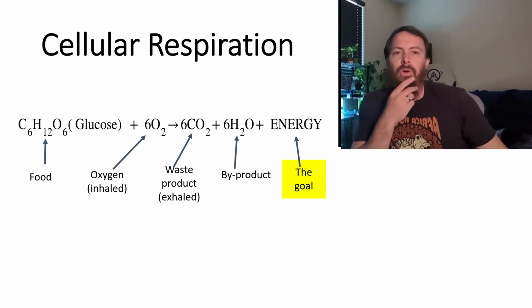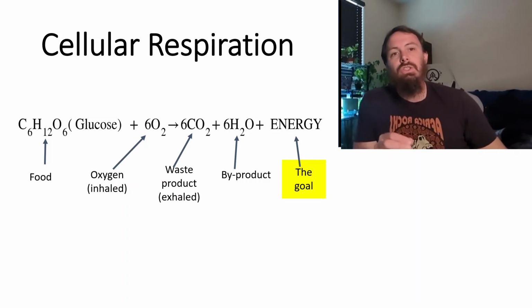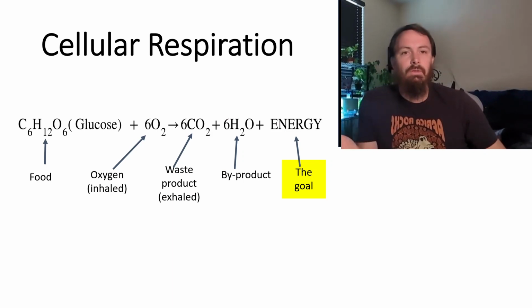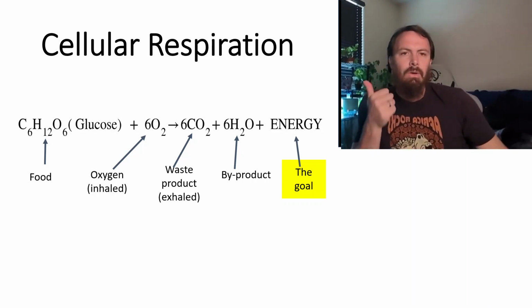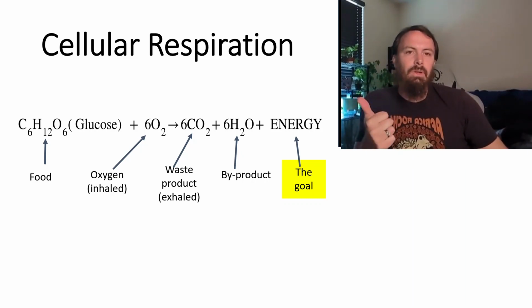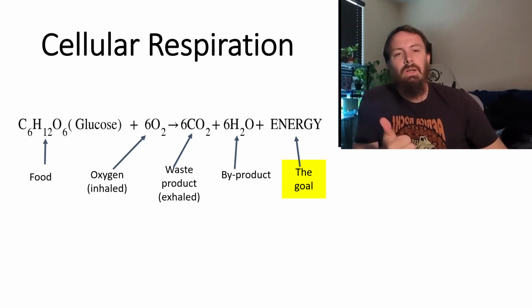So the goal of cellular respiration is to make energy that you can use for other functions. And the energy here will be ATP, adenosine triphosphate. Now here's the general formula for cellular respiration, and it mirrors our body as a whole. So we take in food, we eat food, we use that for energy.